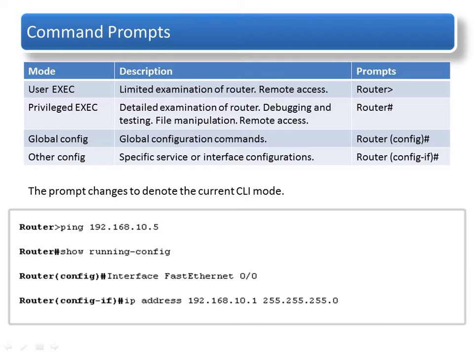To enter the commands that will change the router's configuration file, the user must be at least in the global configuration mode. This mode can be identified by the word config surrounded by parentheses between the host name and the pound symbol. There are many different submodes that can be found under the global configuration mode. In this example, the user will assign an IP address to the Fast Ethernet interface.